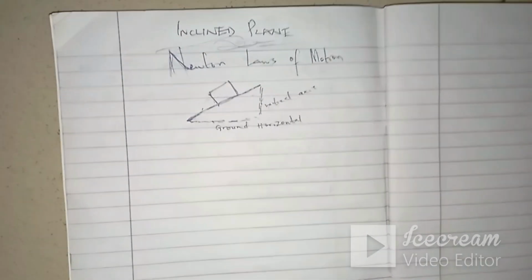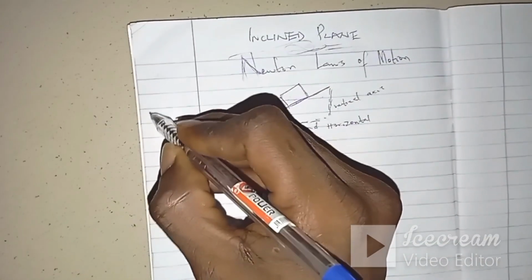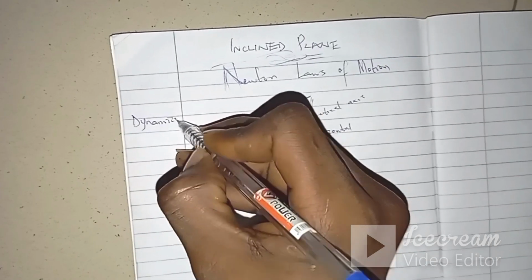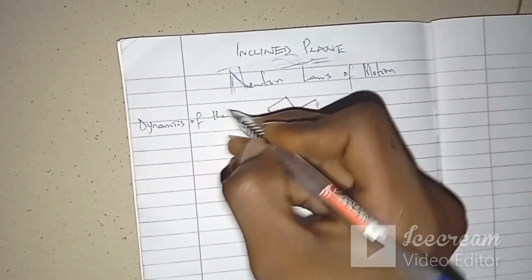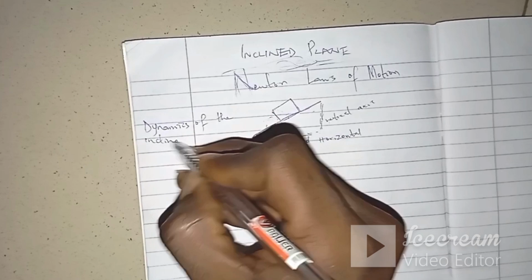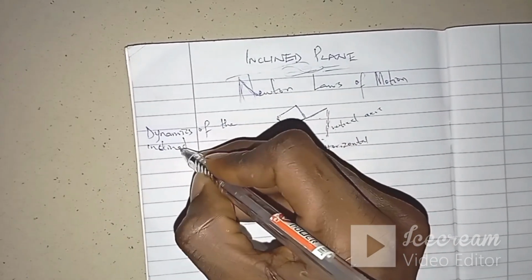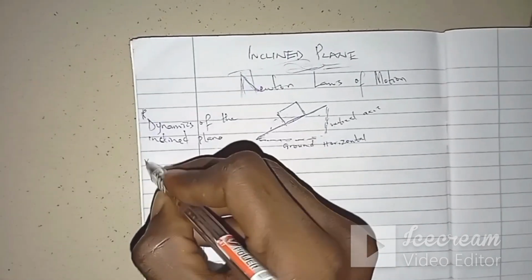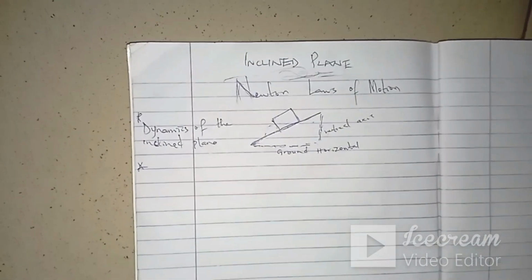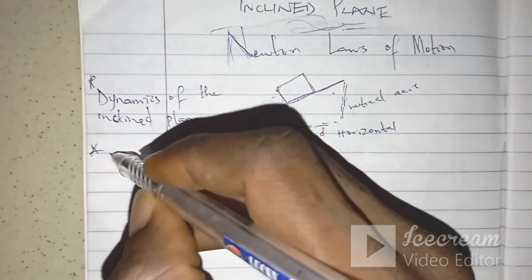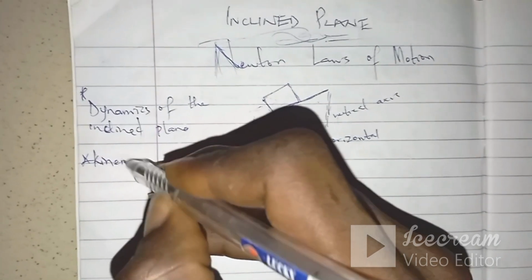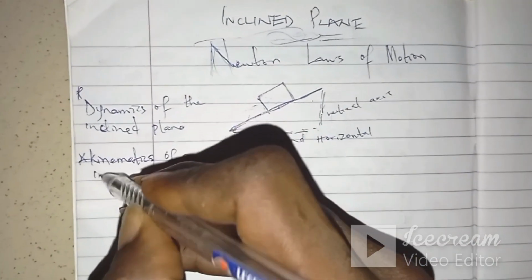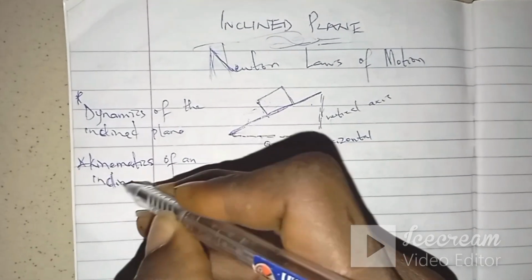But when I want to get the dynamics for an inclined plane, always get first the dynamics of the inclined plane, before you move to the kinematics of an inclined plane.